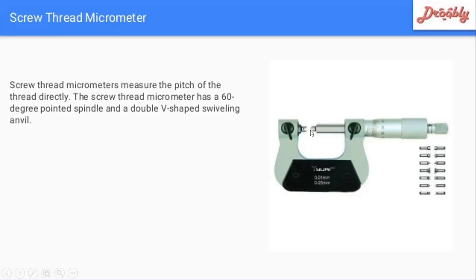It consists of a 60 degree pointed spindle with a double V-shaped swiveling anvil attached to it.